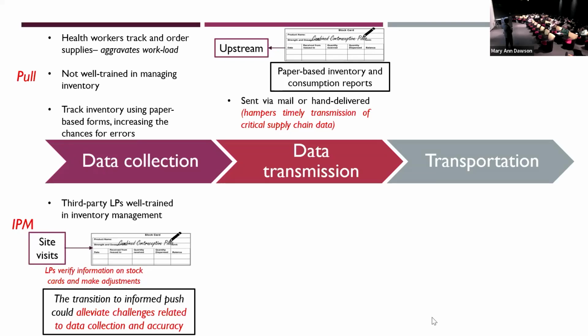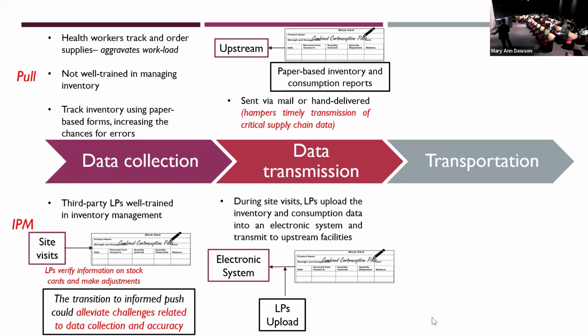That data is not getting to the upstream on time, and that can lead to supply chain challenges. Under the informed push model, it's all pretty simple. When the logistics providers come to the sites, they upload all of this information to an electronic system, and then it gets sent to the upstream facilities.